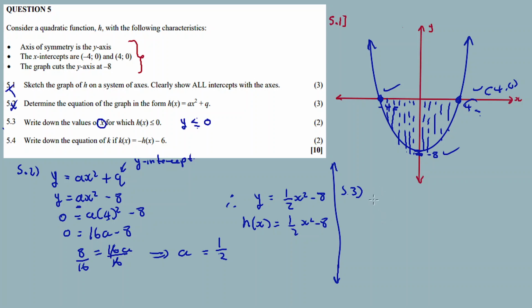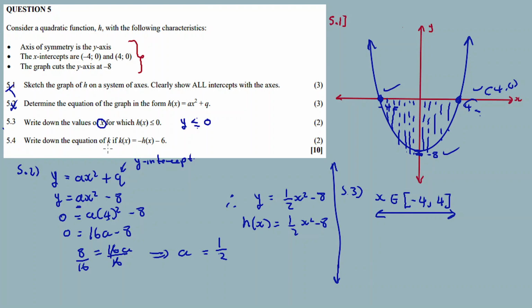So our answer should be x. Remember we want x values that make y less than or equal to 0. So x is an element of, including -4 and +4, -4 and +4. Yes, this is our solution.